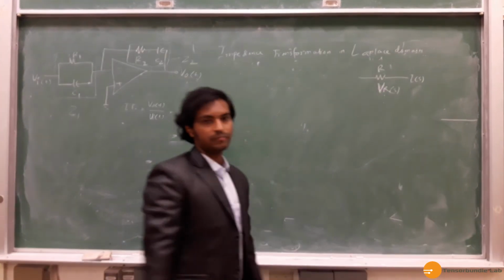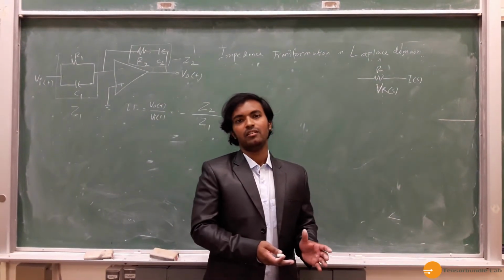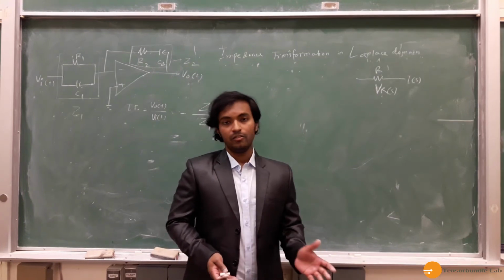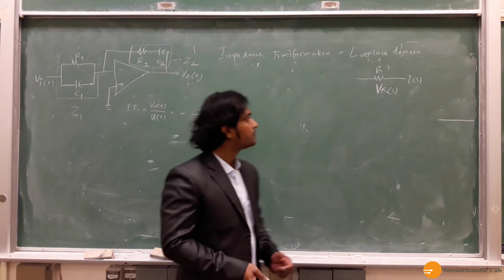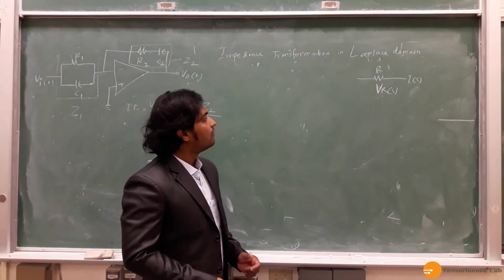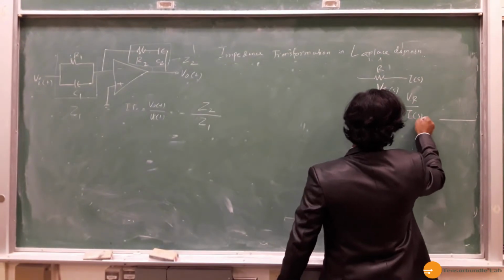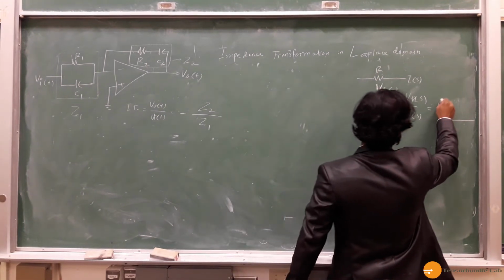Now what is impedance? Impedance is a ratio between the voltage and the current inside the circuit, right? The ratio of these two quantities will give you the impedance across the terminal. Now, V of R over I(s) is what? The impedance of the resistor, which is simply R.